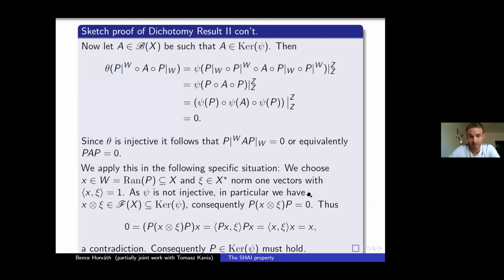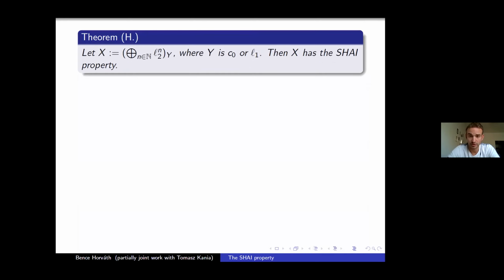So if I apply it to the vector x, this must still be 0. I write down what it means and use the fact that x was from the range, and I use that the functional evaluates at x to 1. So I have that x must be 0, which is a contradiction because it was a norm 1 vector. So we conclude, going back to the very beginning of the proof, that P must in fact be in the kernel. And that was easy. That was enough to prove the claim.